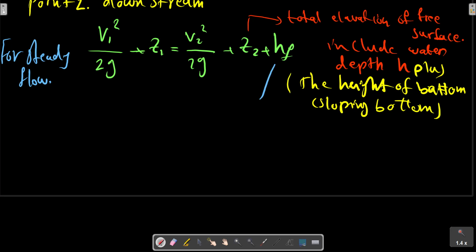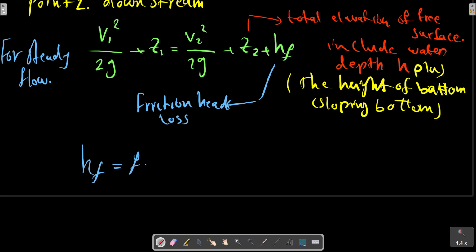The friction head can be calculated from this relation, with the friction coefficient from the diagrams or tables, the hydraulic diameter, and the average velocity, where f is the average friction factor, as we said in chapter 6, for this factor between section 1 and section 2 in this problem.